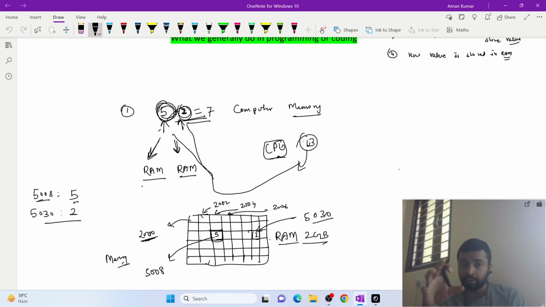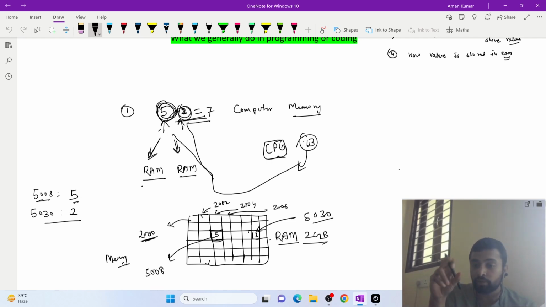A computer has RAM. In RAM, 5 and 2 get stored, and we also saw that RAM has some type of memory location, which helps the processor, or CPU, the brain of the computer, fetch values.